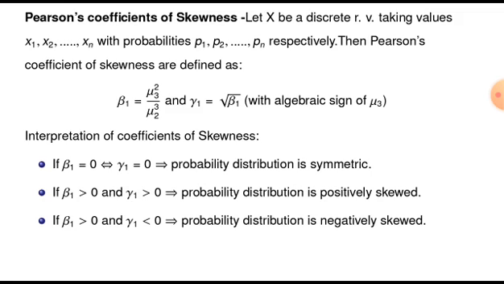Gamma 1 negative, negatively skewed. Gamma 1 positive is a positively skewed distribution. So in this way we can use the coefficients of skewness due to Pearson to interpret the results of the probability distribution regarding symmetry.